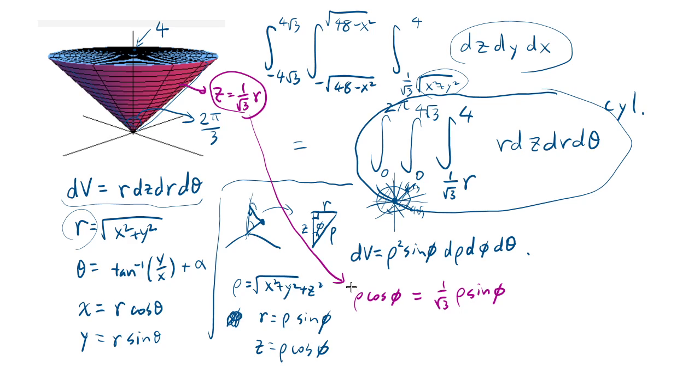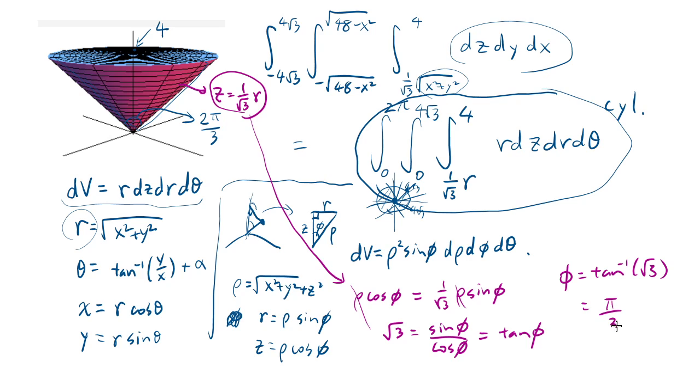And you can divide by rho on both sides, and then multiply by radical 3 on this side and divide by cosine phi. You get radical 3 equals sine phi over cosine phi. But what is this? This is tangent phi, right? So phi is now tangent inverse of radical 3, and this is actually pi over 3. It's 60 degrees. Okay.